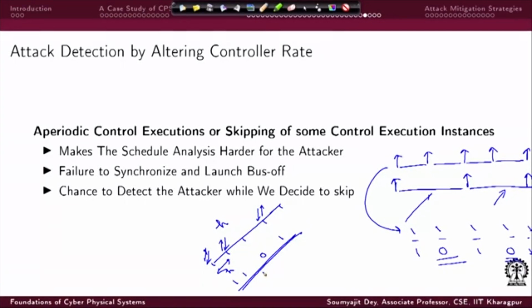Now, if occasionally I have these drops, then for the attacker figuring out those attack points is immensely difficult. So, there will be failure to synchronize and launch bus off, and even if they are able to do that, the attacker may resort to sending packets at positions where the controller and the plant know that there should not be any packets, because we have decided to skip those positions.